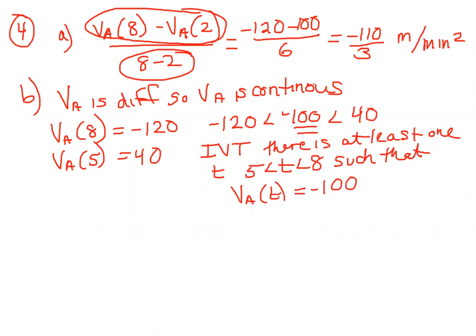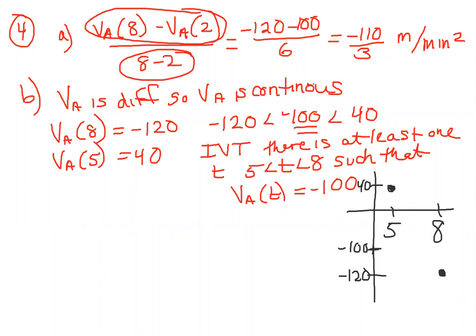Remember what the intermediate value theorem says? Let me draw that, since it's between 5 and 8. Okay, at 8, the value of velocity is down here at -120. At 5, the value is up here at 40. So if this is -120 and this is 40, -100 is somewhere here.